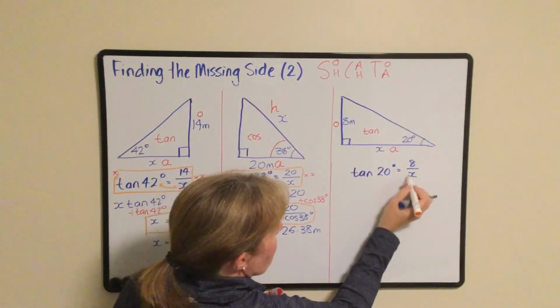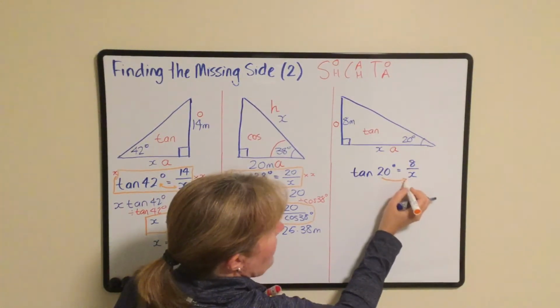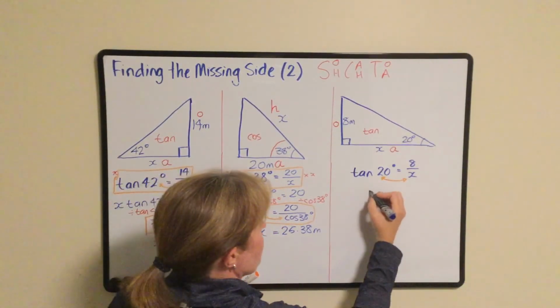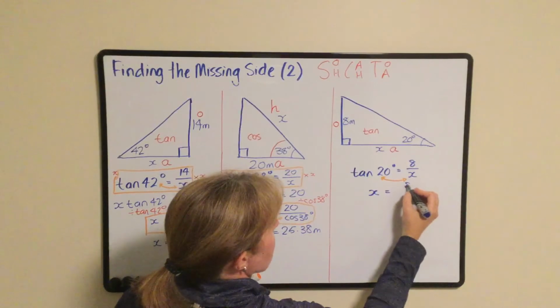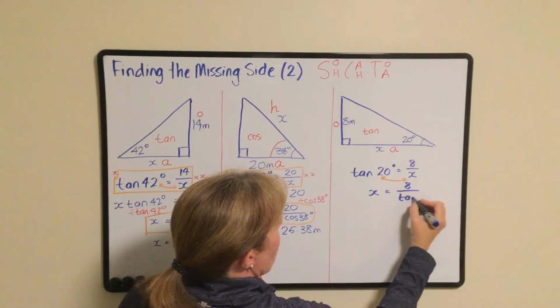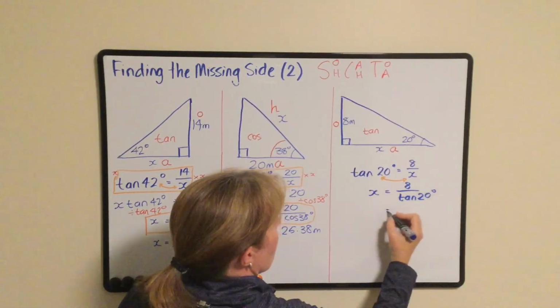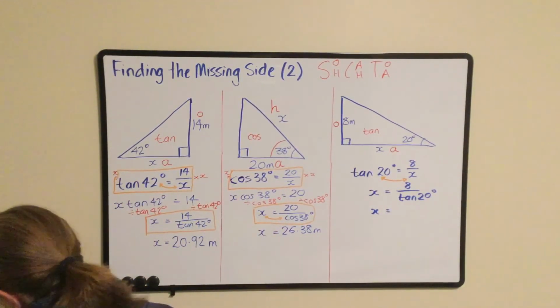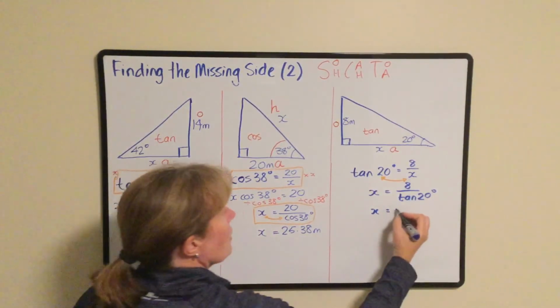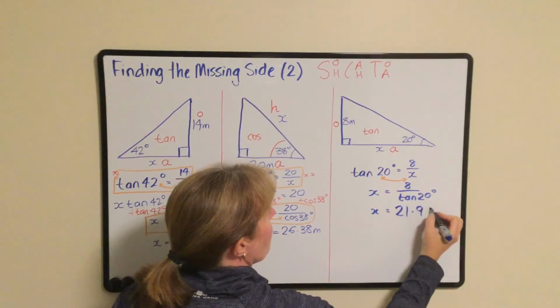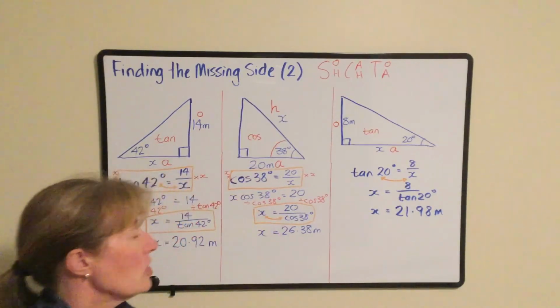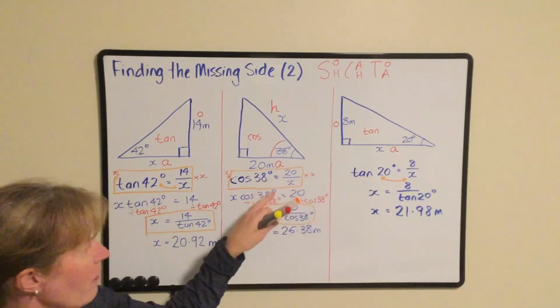I can say the x is on the bottom, or x is the denominator, so I can just swap the position of those two things. So my next line can just be x equals 8 over tan of 20 degrees. Put that into your calculator. .98 metres. So that is a lot quicker than having to do all the algebra.